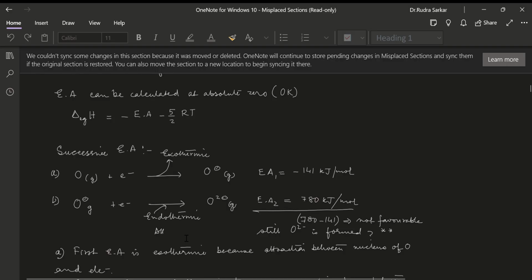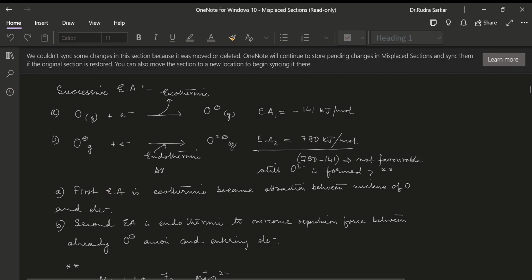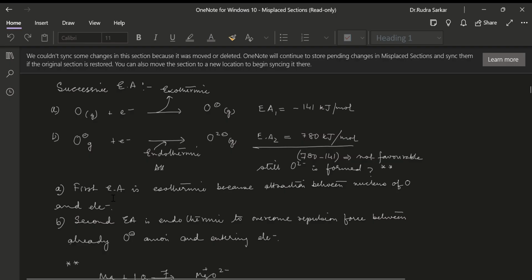Right? So what are the questions that they ask in a statement? First electron affinity is exothermic because of attraction between the nucleus of the oxygen and the electron. Second is endothermic. Why? To overcome the repulsion between the already present electrons and the other electron entering.